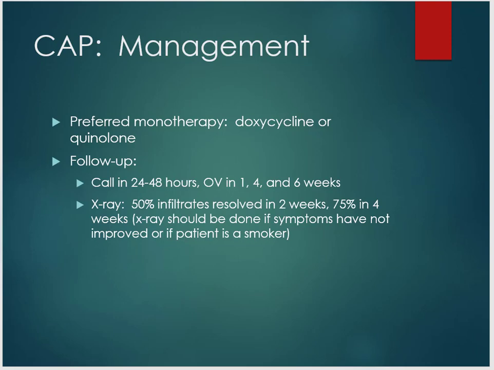If they have comorbid conditions such as diabetes, chronic heart, lung, or liver issues, alcoholism, malignancies, etc., then you're going to go with a respiratory fluoroquinolone, or a beta-lactam plus a macrolide. So look at these community-acquired guidelines, and that will help you in making your decisions for antibiotics.